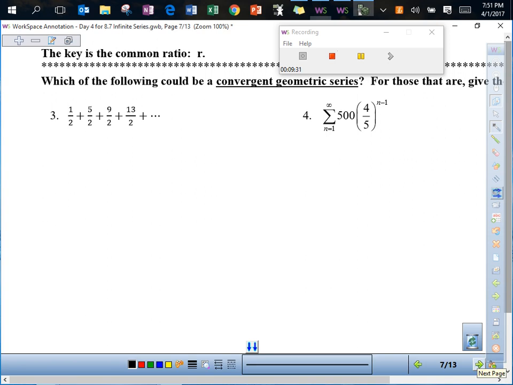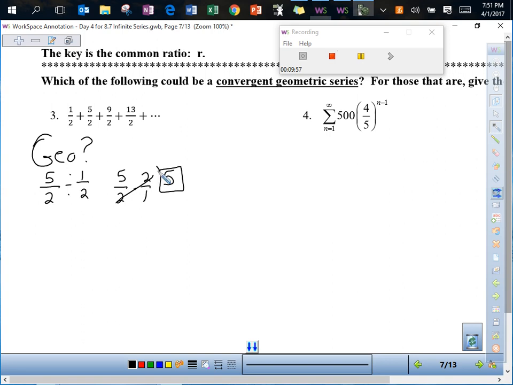Let's come over and look at your number 3. Step number 1, I have to ask myself, is it geometric? So I'm going to take the second term divided by the first term. And you can do this in your calculator. So I'm going to have 5/2 times 2 over 1. So far I'm at 5.